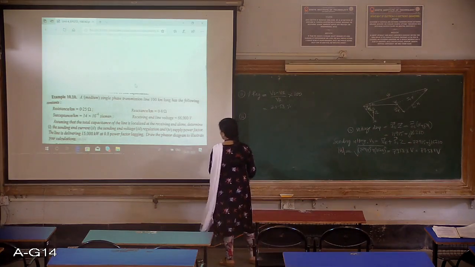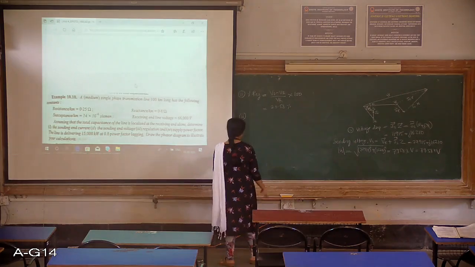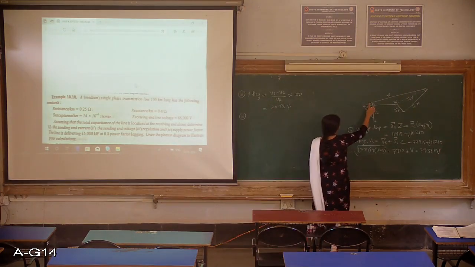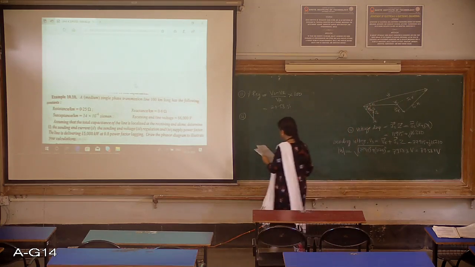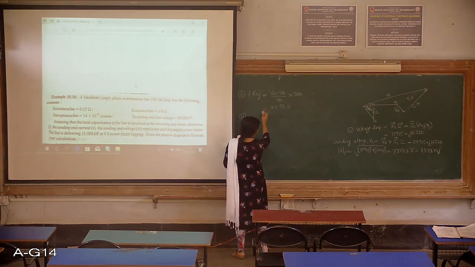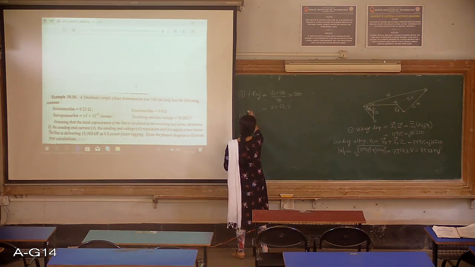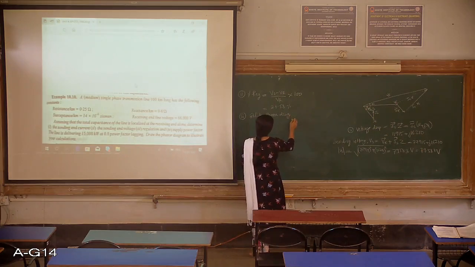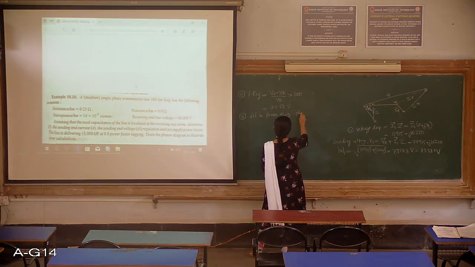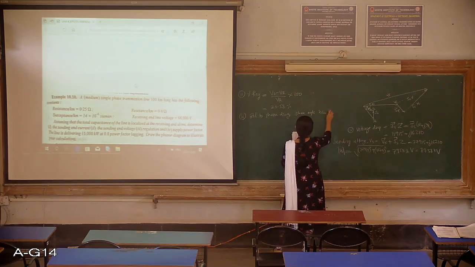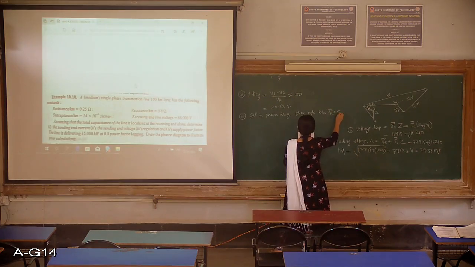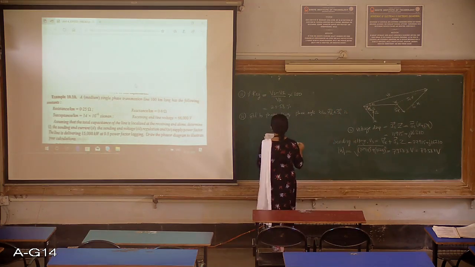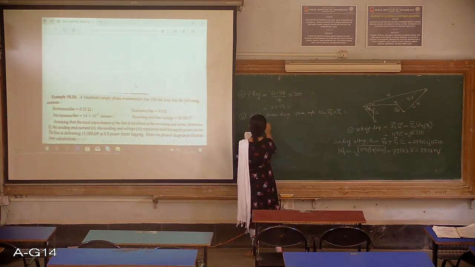Then the fourth one, they have asked for the supply power factor. They want to know this value, phi s, the angle between VS and IS. So referring to the phasor diagram, the phase angle between VR and IR, you can call it theta 1.